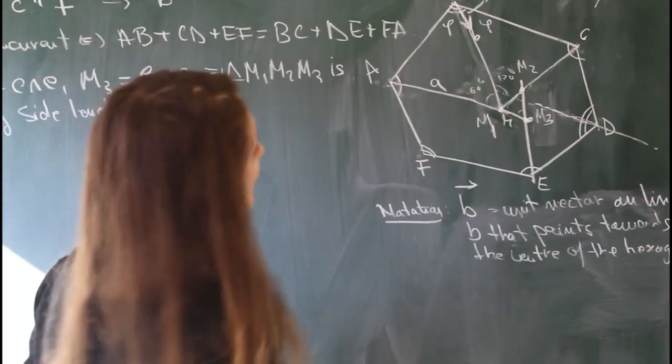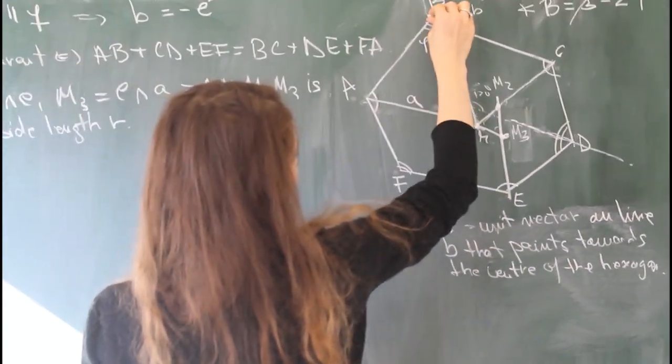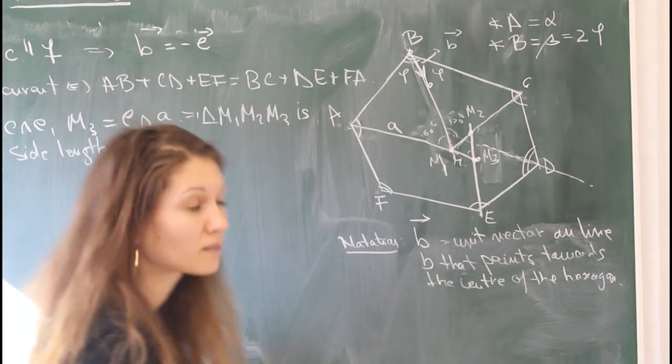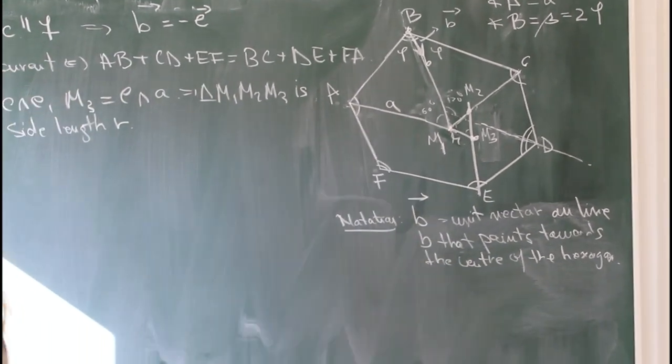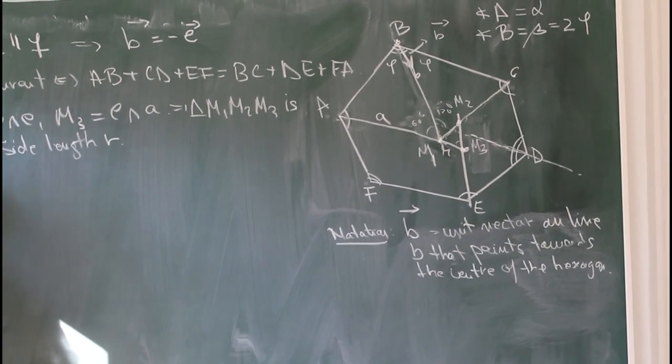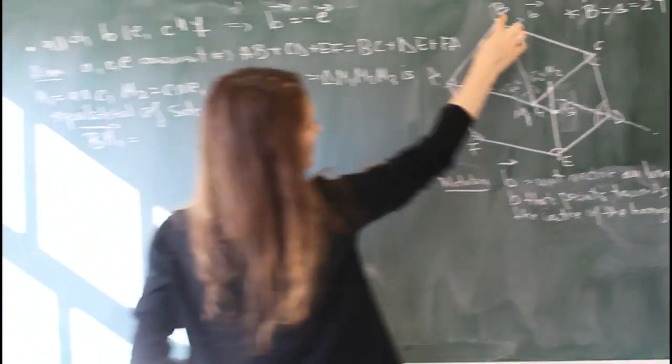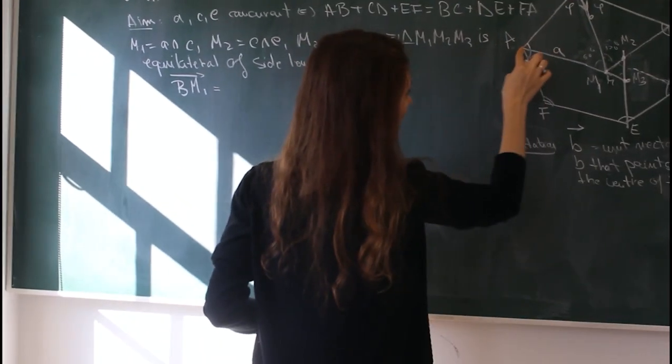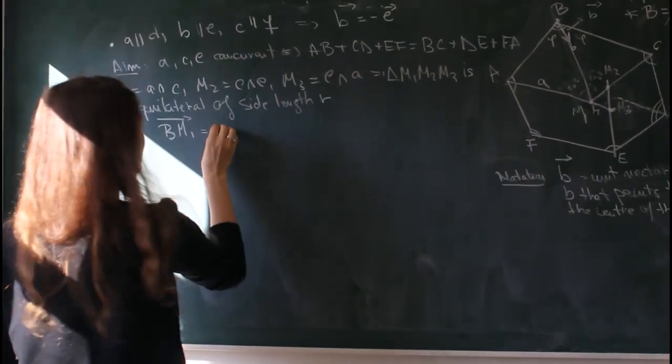Okay, let's start by looking at the vector BM1 and expressing it in two different ways. So BM1, first in this triangle, is BA plus AM1.